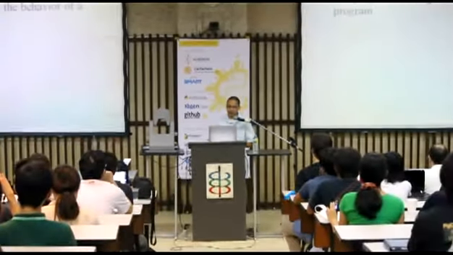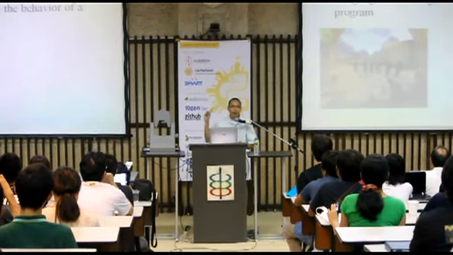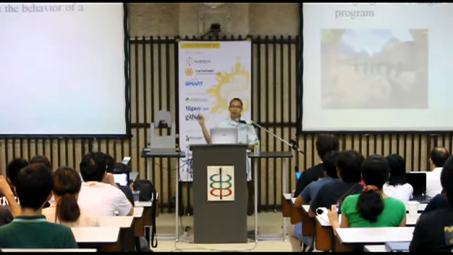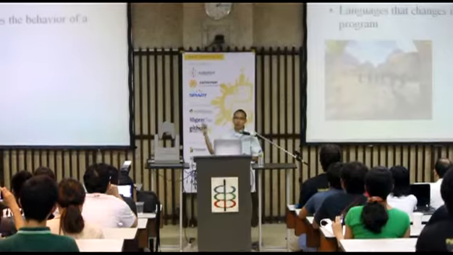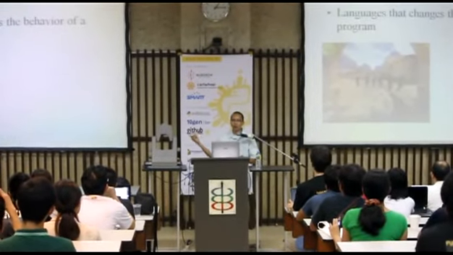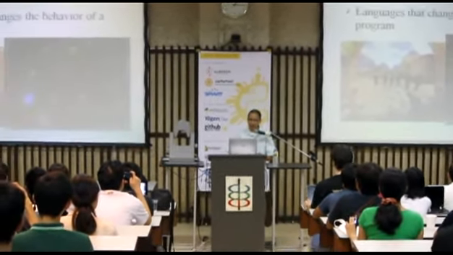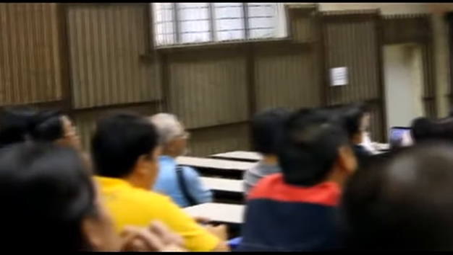A scripting language is a language that changes the behavior of a program. This is a Half-Life game, which they turned into a counter-terrorist versus terrorist game, Counter-Strike. This is Warcraft 3, and they changed it into a Defense of the Ancients game, or Dota.